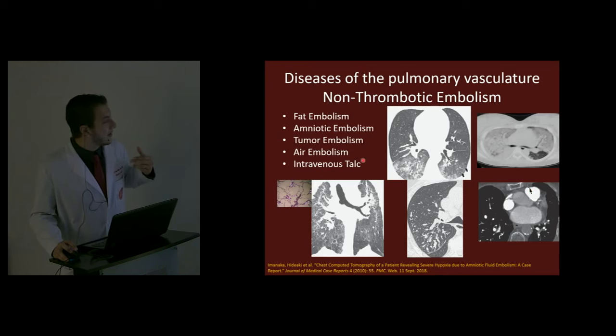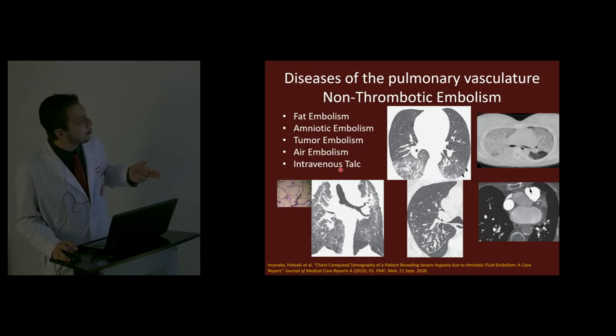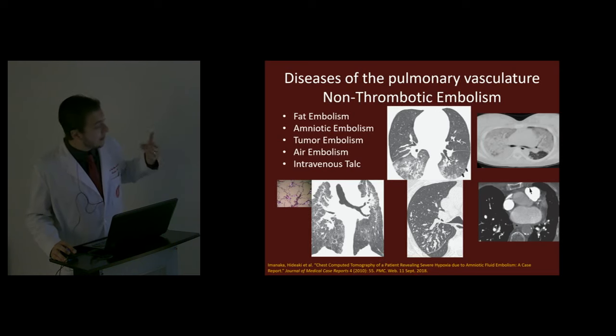Or we can even say that intravenous talc embolism is a non-thrombotic embolism, because it is seen in people who are addicted to drugs. This is a pathological cut of a lung showing how the veins have intravenous talc, and this causes chronic pulmonary disease.